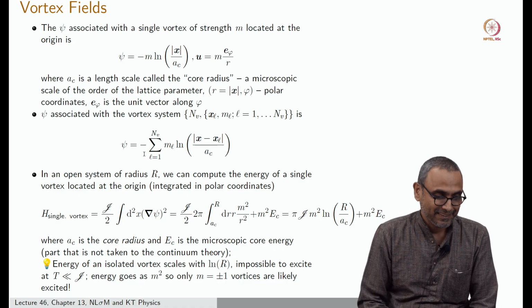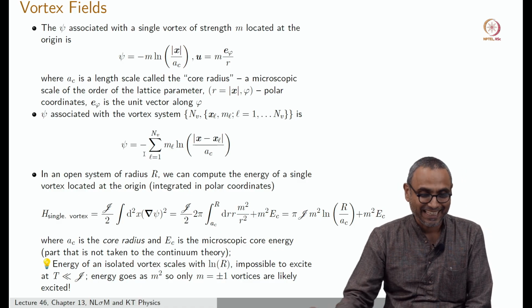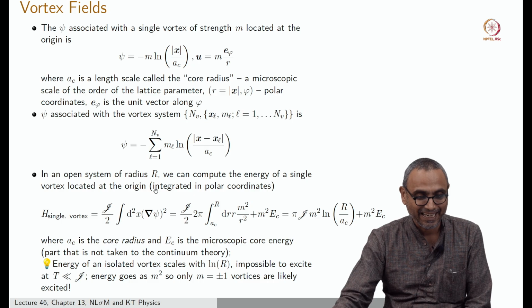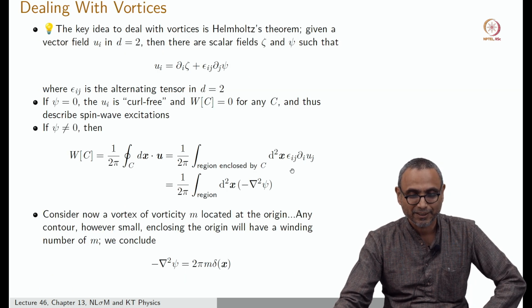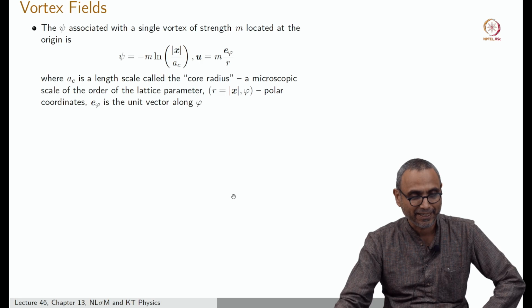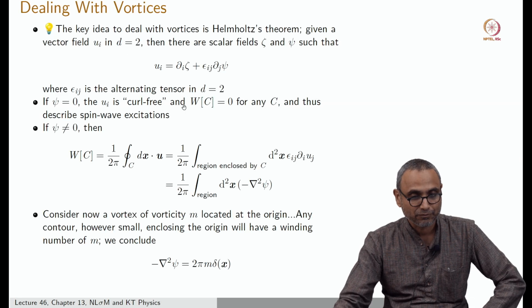Okay. So I can use this idea and now write this as u square, and when I substitute u is equal to this, I will get the u field associated with that.